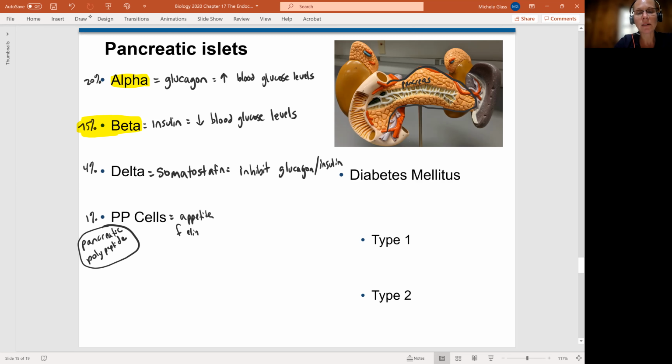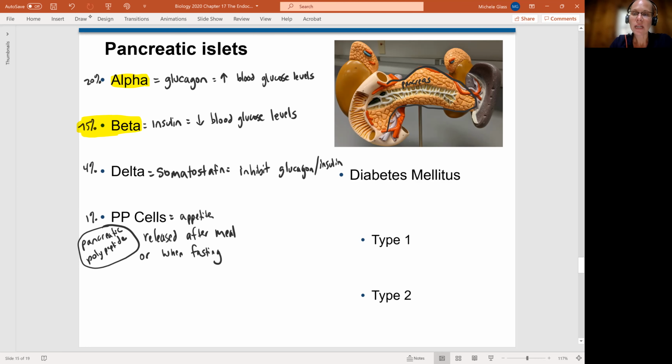Let's just erase that and say that the pancreatic polypeptide is released after a meal or when fasting. So it is going to be important in helping to suppress hunger. And so you can get to a point in your fasting where you can kind of ignore that feeling of hunger.